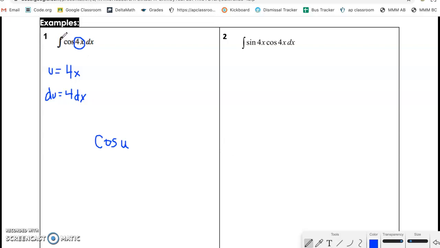So remember what that means we have to do: we're going to put a 4 here, so now we have our 4 dx, and we're putting 1/4 outside the integral. Now I'll have my integral, this 4 and the dx get replaced with du, and I still have this 1/4 on the outside.